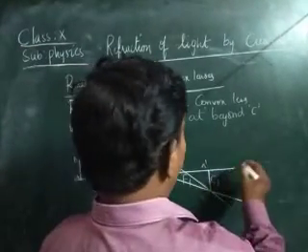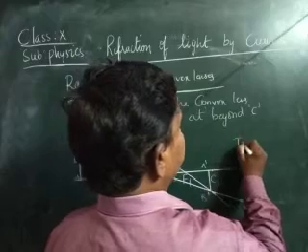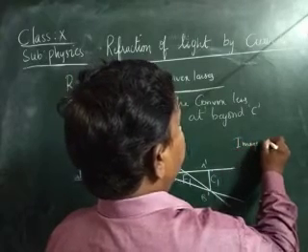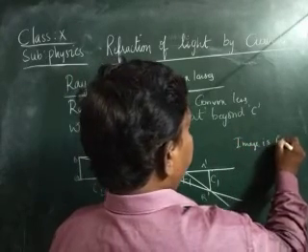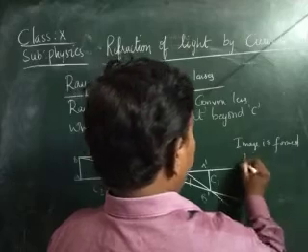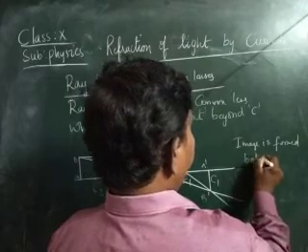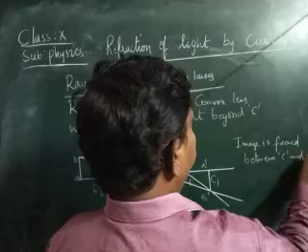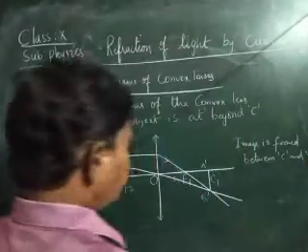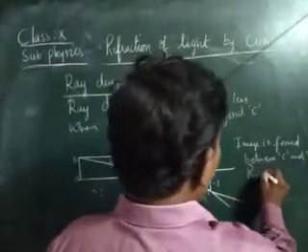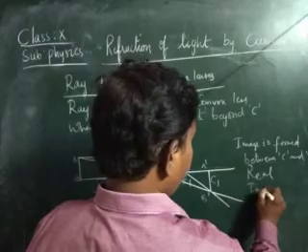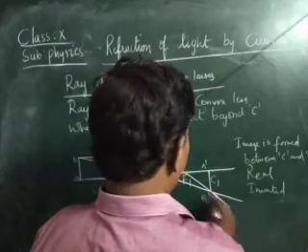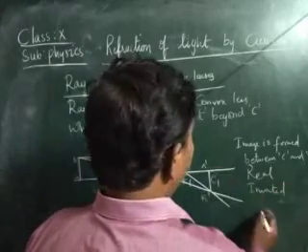Where is the image formed? The image is formed between C and F. It forms a real image, inverted image, and the figure will be diminished, children.